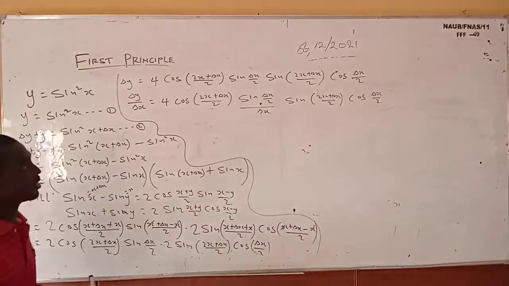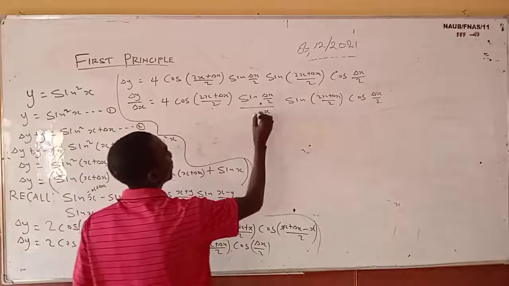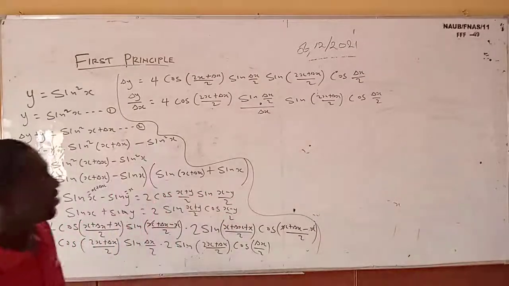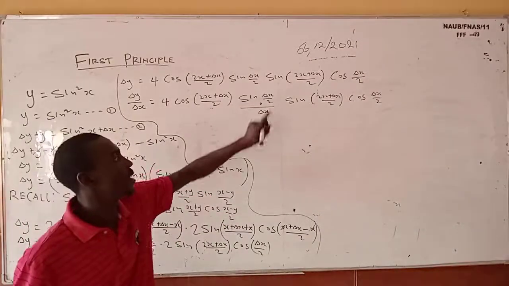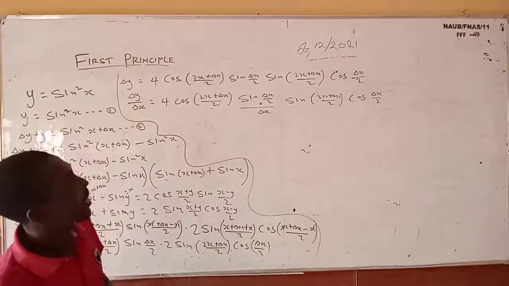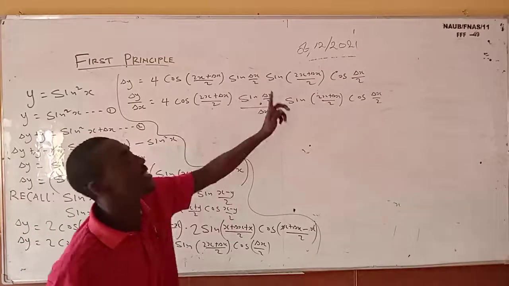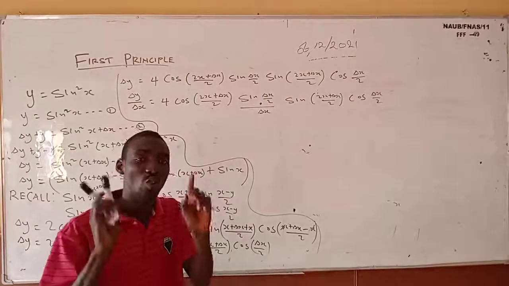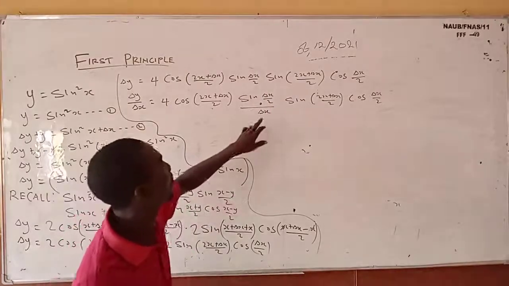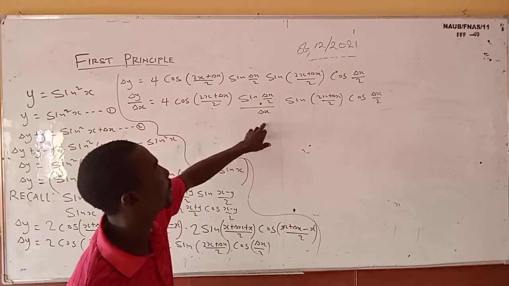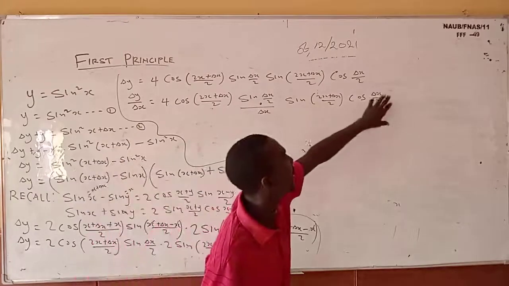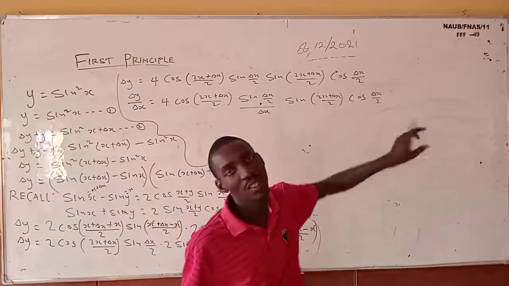But if you look at it now, this is change in S, and this is change in S over 2. I must have them to be equal, so that when I take the limit, it will be equal to 1. So for me to have change in S over 2 here, I'm going to multiply the numerator and the denominator by half.